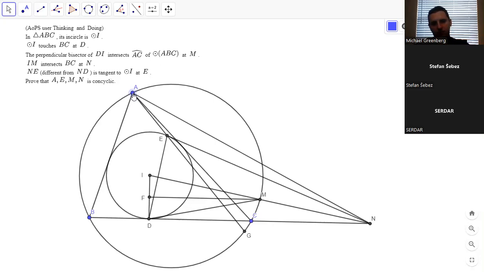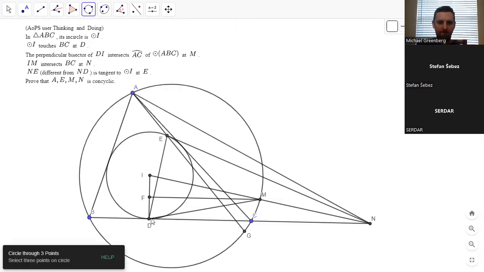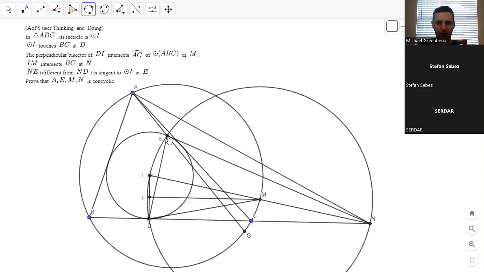What if we invert around the circumcircle of EIDM? Okay, so I'm going to draw that circle. M is its center.